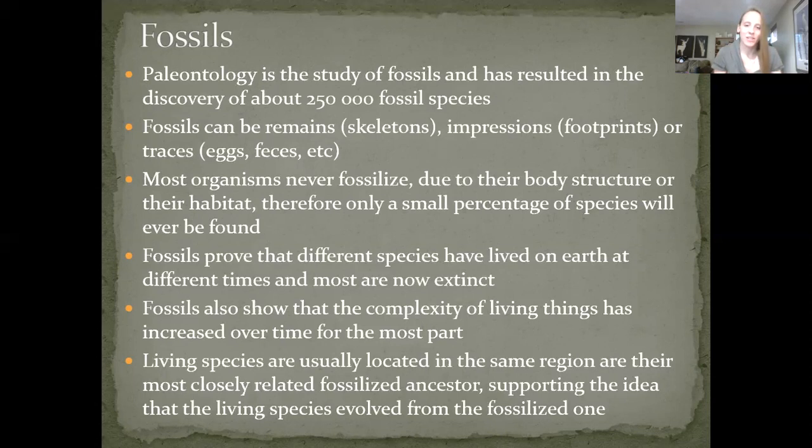Living species are usually located in the same region as their most closely related fossilized ancestor, kind of supporting this idea that the living species evolved from that fossilized ancestor. Usually, if you find a fossil, you're not going to find a living species that is similar to it on a completely different continent.